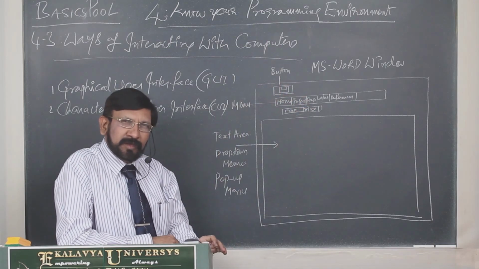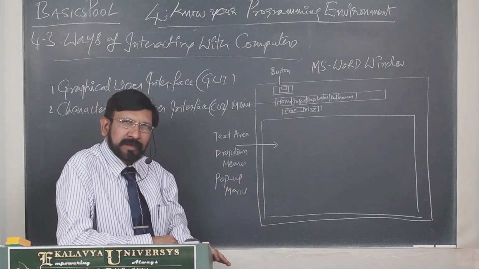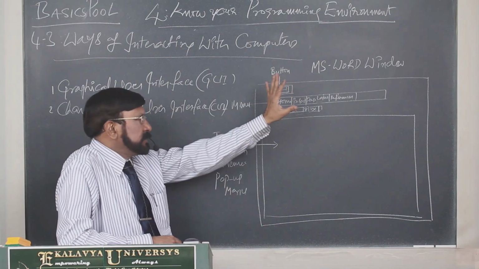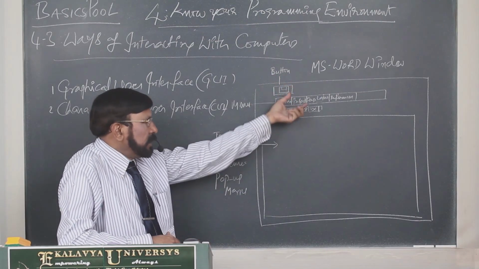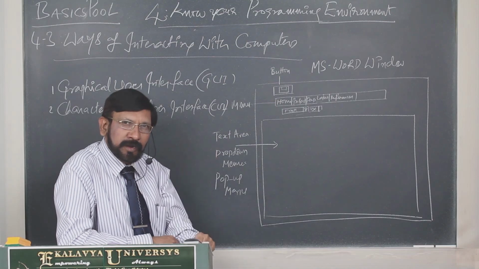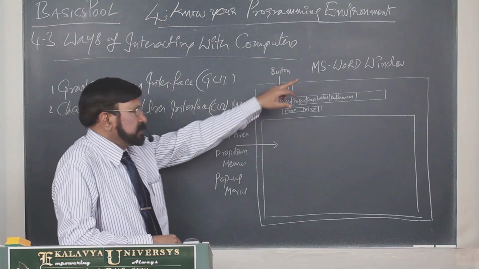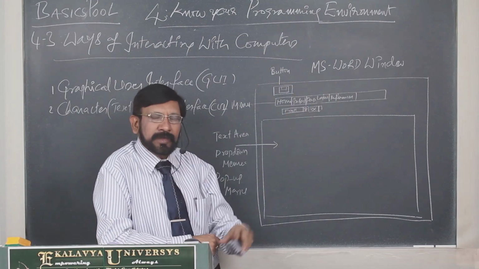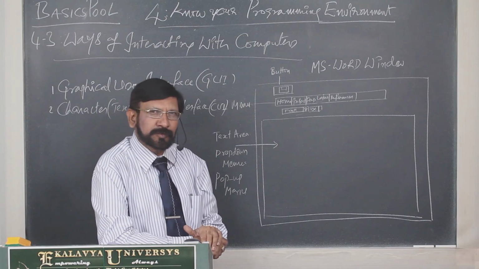If you are already using it, you may be aware of that. It is very important to know the names of different visual elements, so we can classify them with reference to the MS Word window. I will explain these things and their purpose.